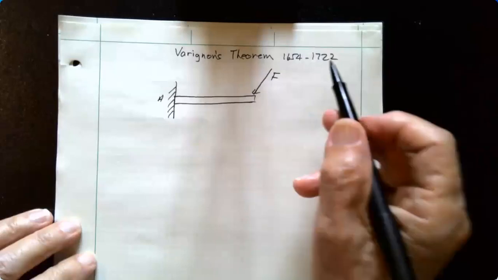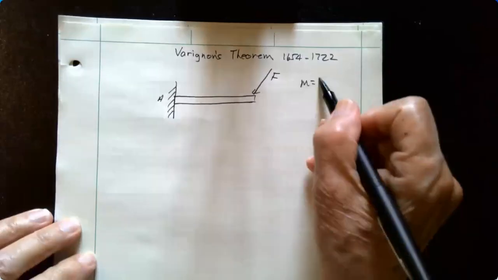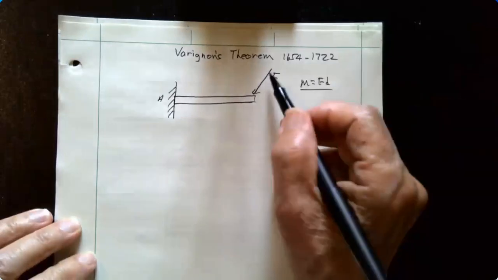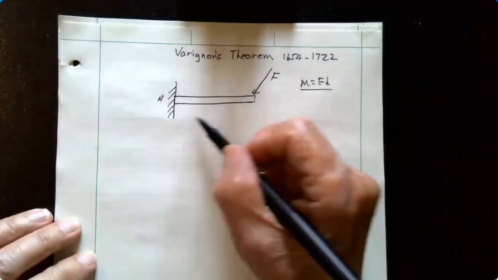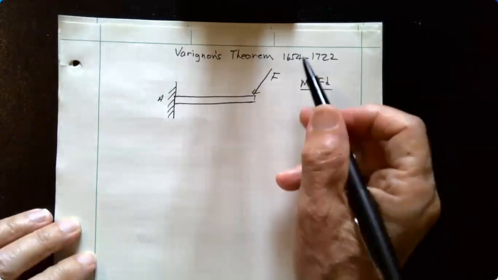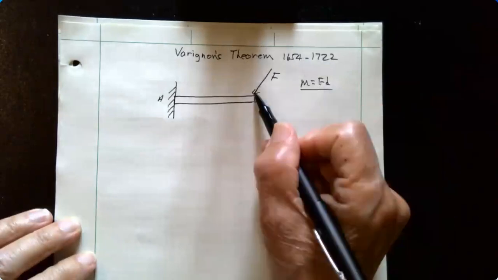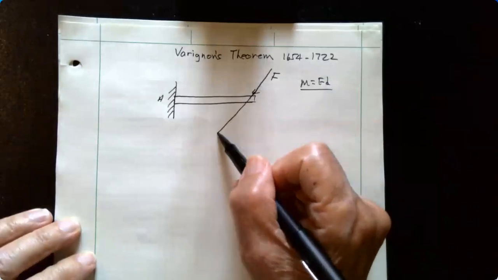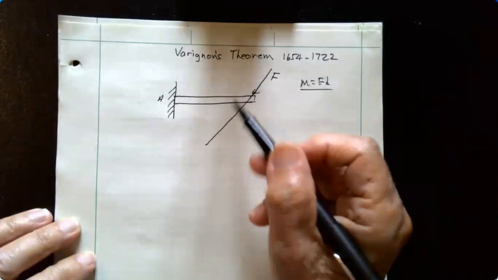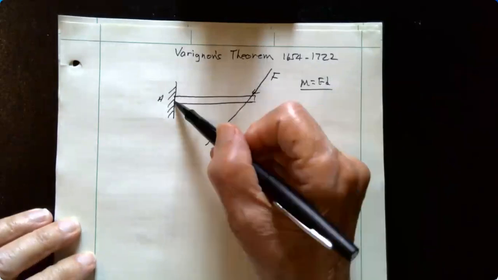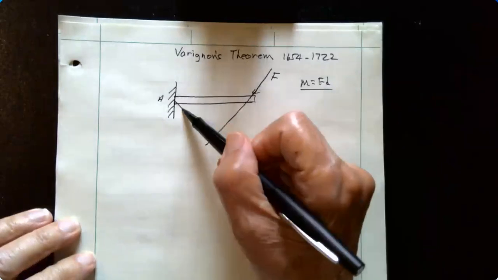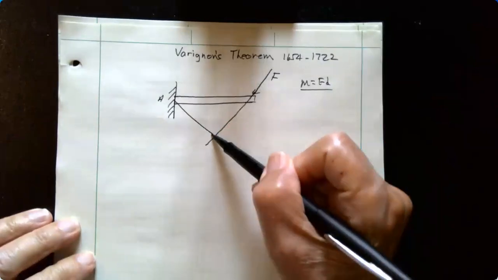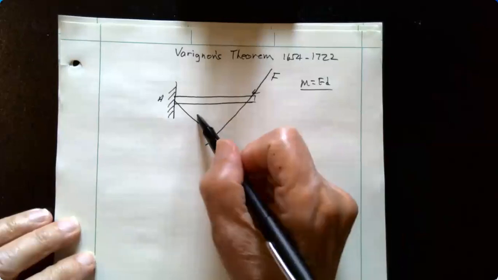So if I used moment is equal to force times distance, and I had this configuration, a cantilever beam with this force at an angle, in order to do that, what I would have to do is project that line of action and come out so I can calculate or define a perpendicular distance, d.